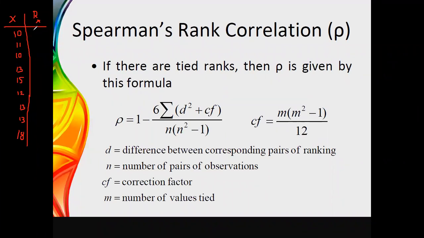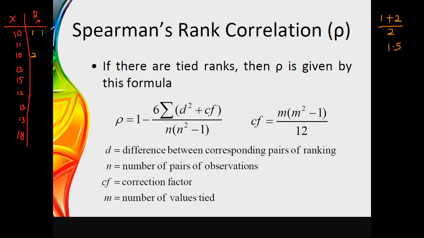Initially you identified 1 and 2 for these two values of 10. Therefore, you have to take the average of these two rankings: 1 plus 2 divided by 2, the value is 1.5. Instead of saying 1 and 2, you can say the ranking is 1.5.